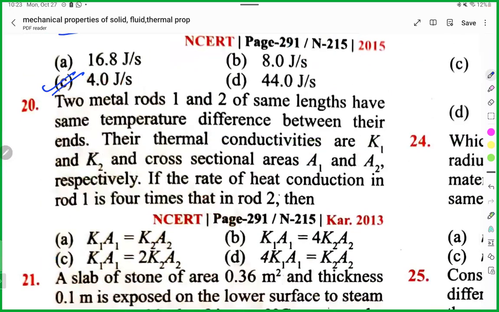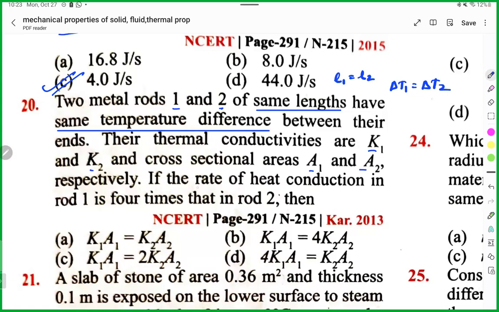Anvita, you have to solve this question. Two metal rods, 1 and 2. Length is the same, so L1 is equal to L2. Same temperature difference, delta T1 is equal to delta T2. Their thermal conductivities are K1 and K2, and areas are A1 and A2.